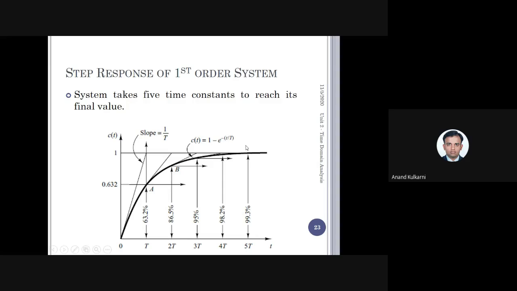At 5 times the time constant, 99.3%, almost reached. When t is infinity, e to the power minus infinity is 0, then it will reach equal to 1. That means when the input applied is 1, to reach an output of 1 it will take infinite time. That means it will never reach.